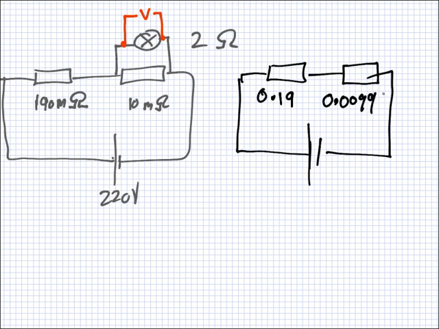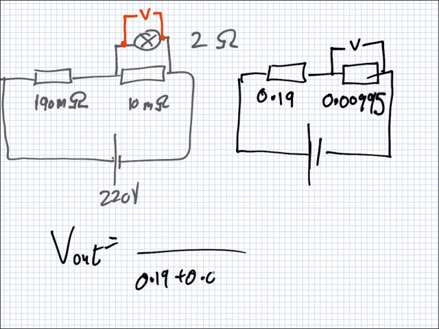Okay, so look, if I want the voltage here, I can just use my formula: 0.995 times 220.